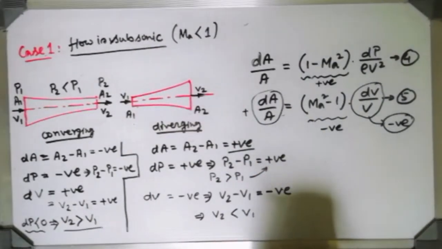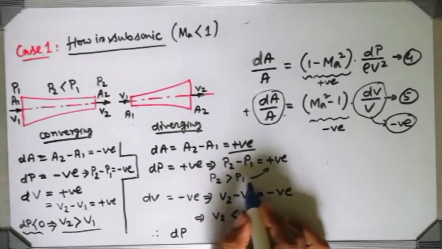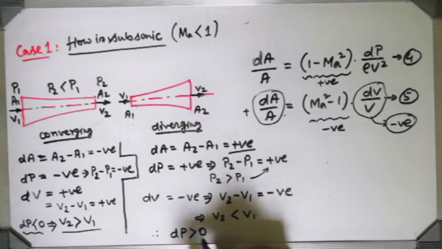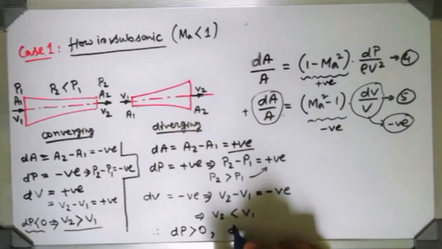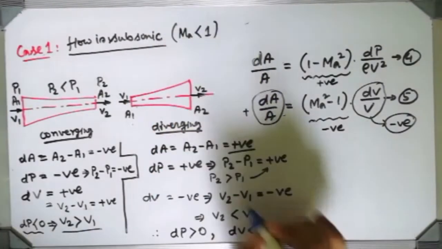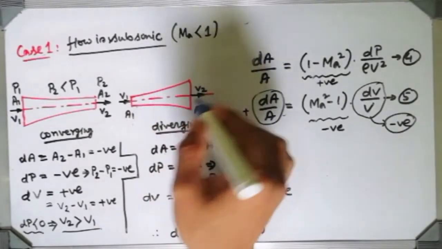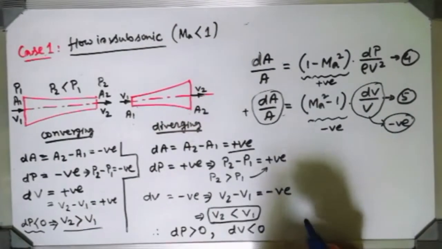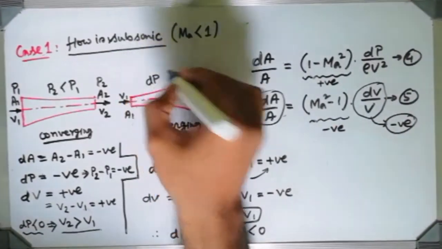See what conclusion comes. Conclusion: P2 is greater than P1, so dP is greater than 0, and dV is negative, so dV is less than 0. As a result, V2 is less than V1. The outlet velocity will be less than the incoming velocity, and dP, that is the change in pressure, is increased.